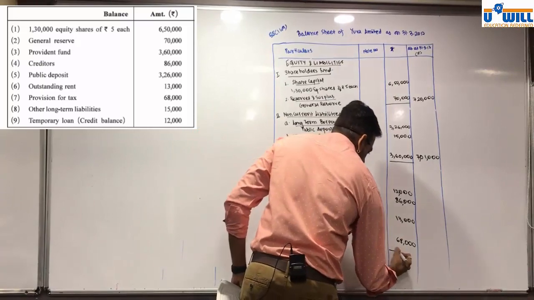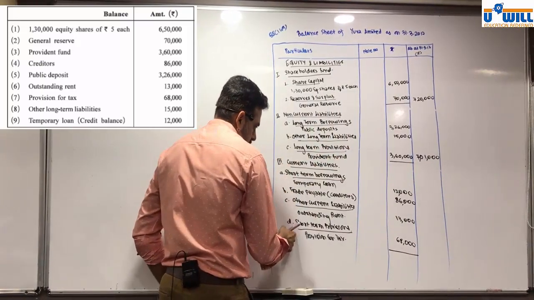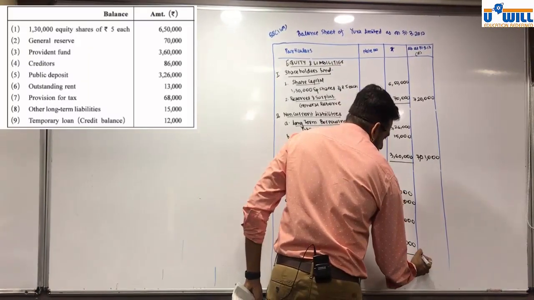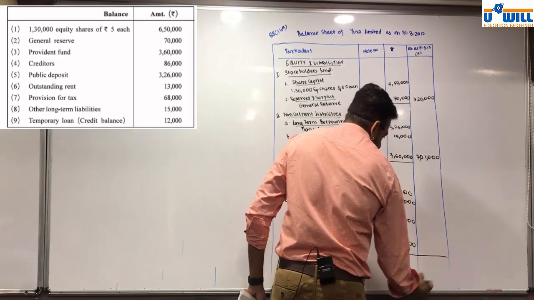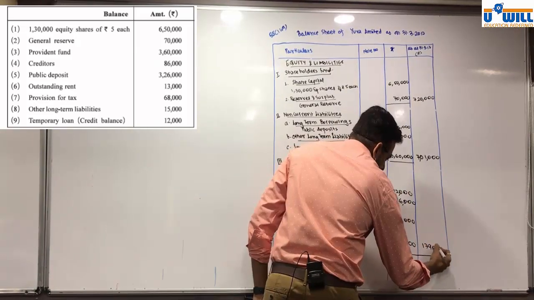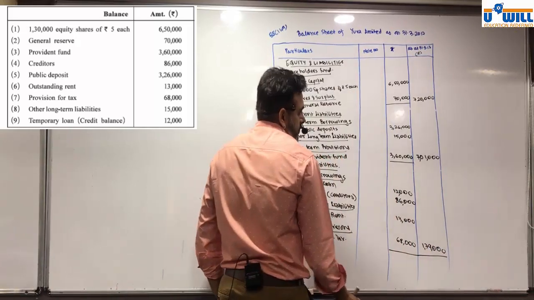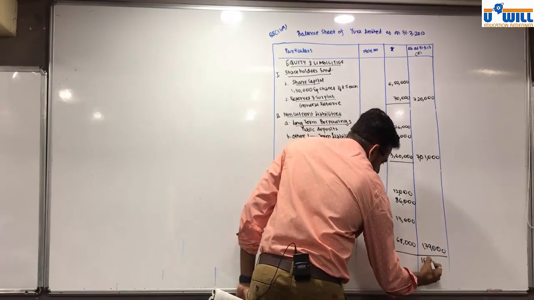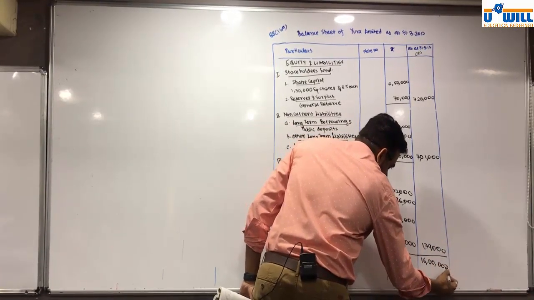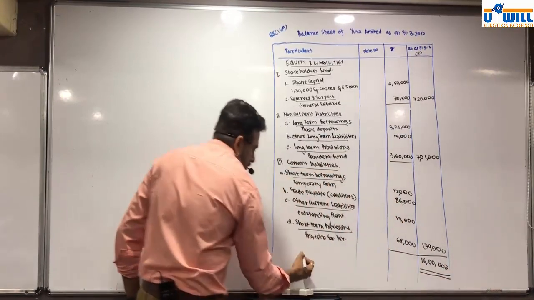That's it. STOS. Total 1,79,000. And the total 16 lakhs.